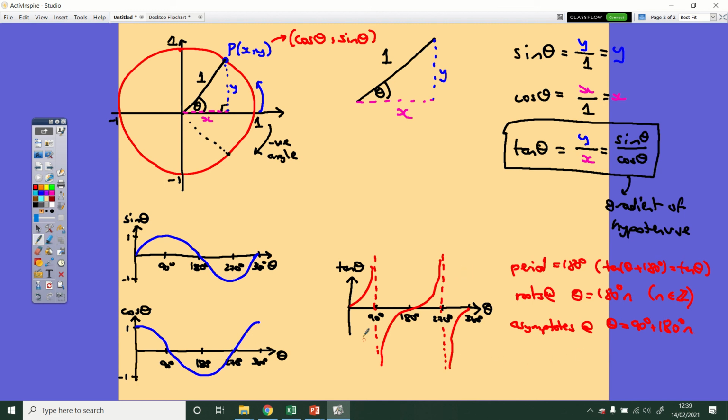In terms of the value of tan theta that we can have as a range, tan theta can in fact be any value that we like. Whereas sine and cos were trapped between -1 and 1, it turns out tan theta can be any value as long as you pick a suitable angle. So any real value. That's what I mean by this notation here.